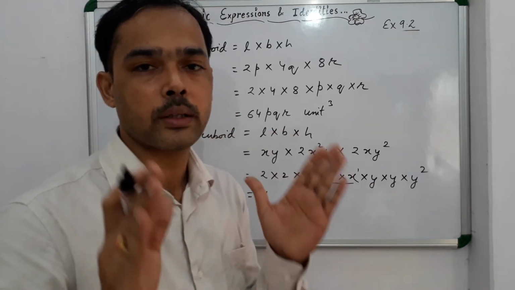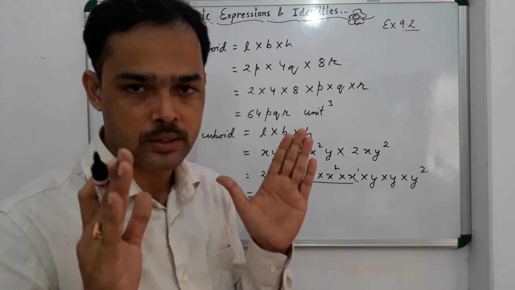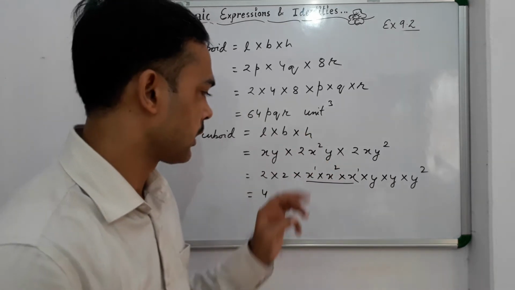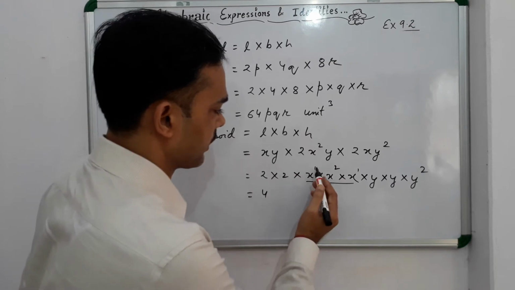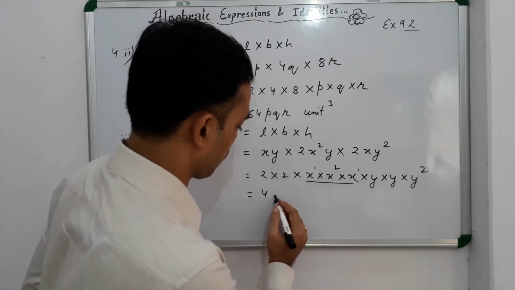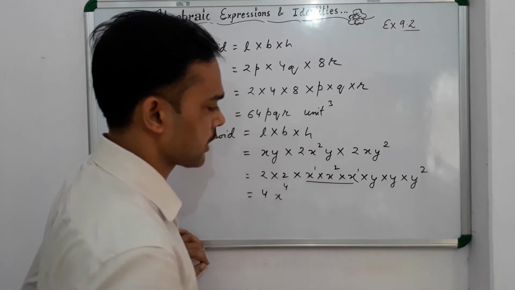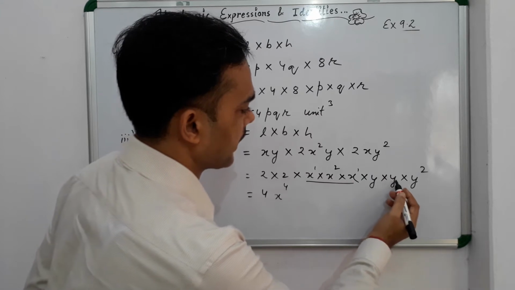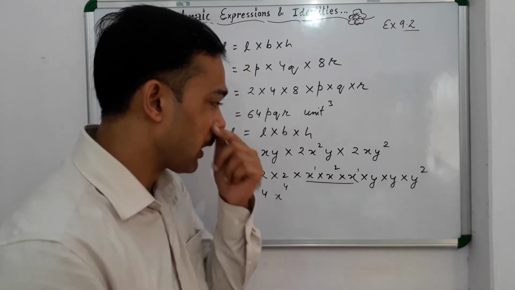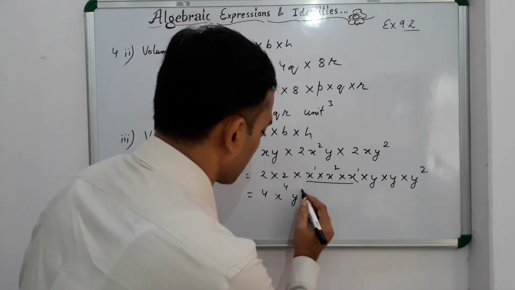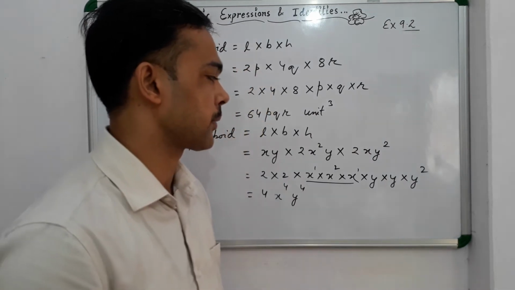Whenever they get multiplied and the base is the same, you add the exponents. So 1 plus 2 is 3 and 3 plus 1 is 4. That is why this will be x raised to the power 4. And here it is y into y square, and y square into y square will be y raised to the power 4. So this will be your answer.